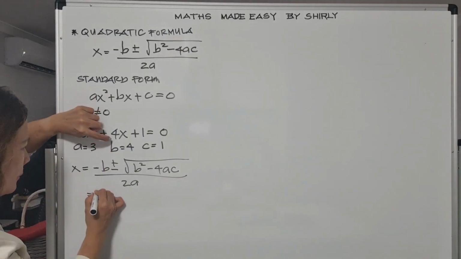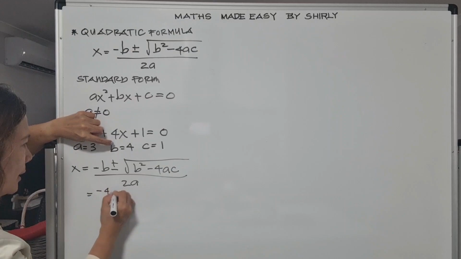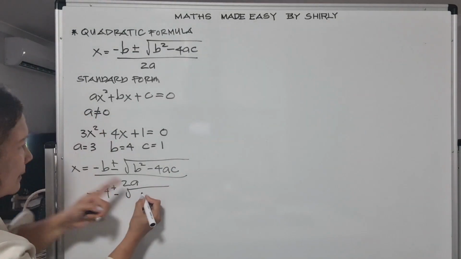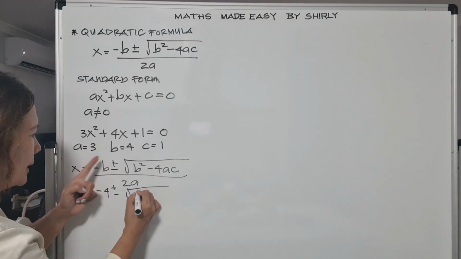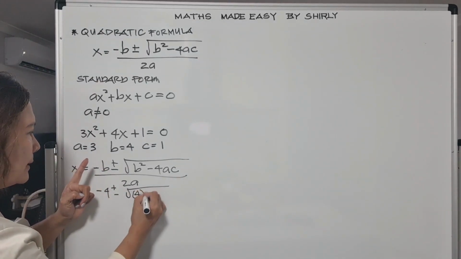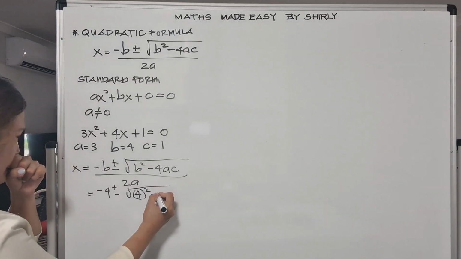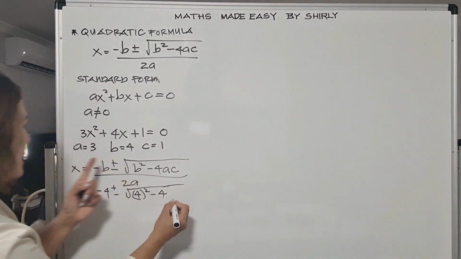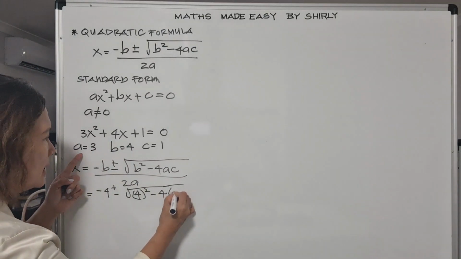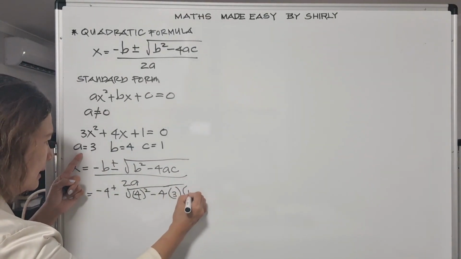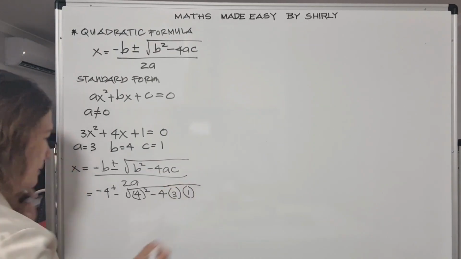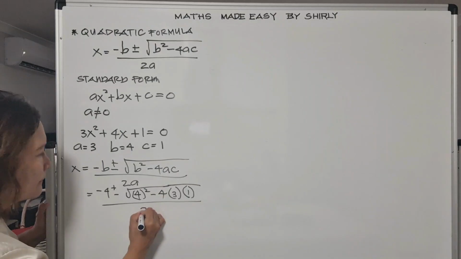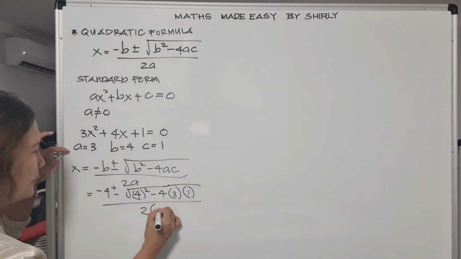B is 4, so we have negative 4 plus or minus the square root of b, which is 4 again, so we square that, minus 4ac, where a is 3 and c is 1, all over 2a, where a is 3.